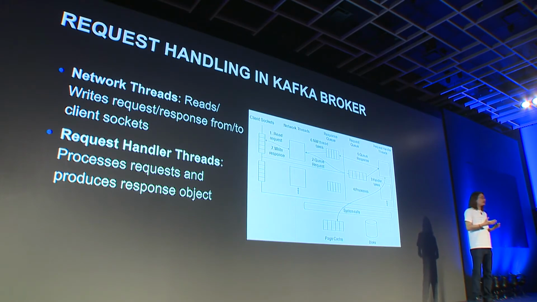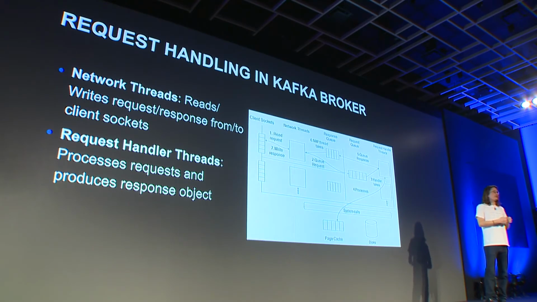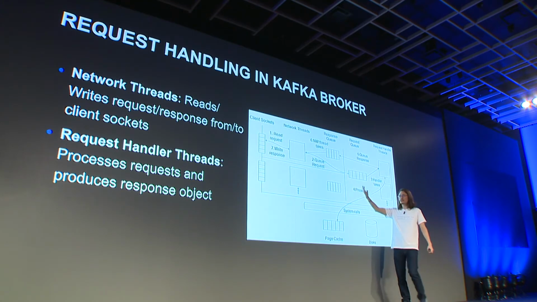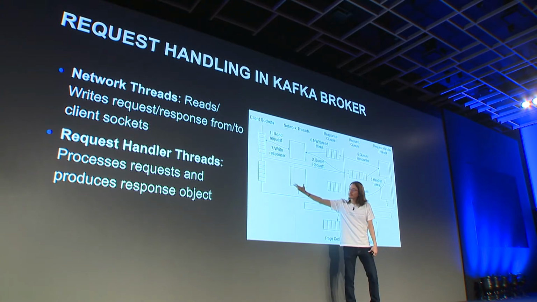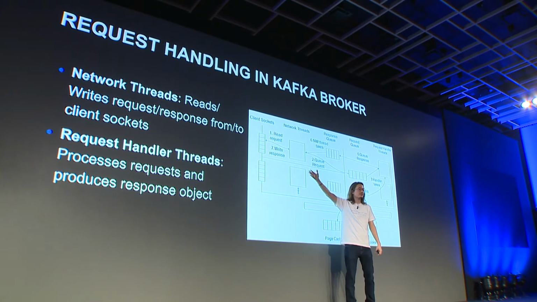But before that, I would like to explain how Kafka handles requests. Kafka request handling is made of two thread layers. The first layer is the network thread. This is the thread for handling I/Os between clients.